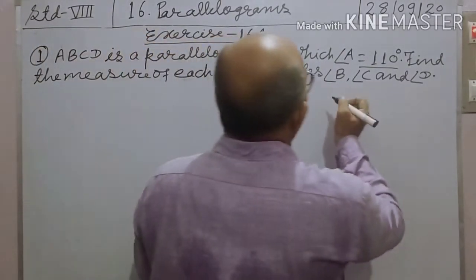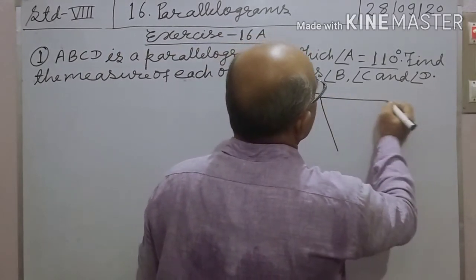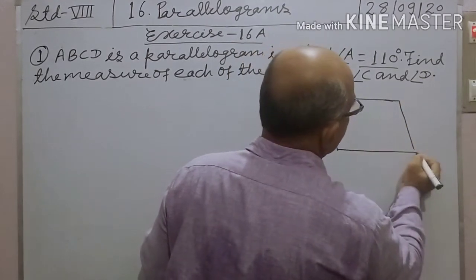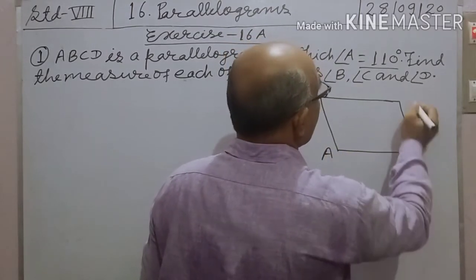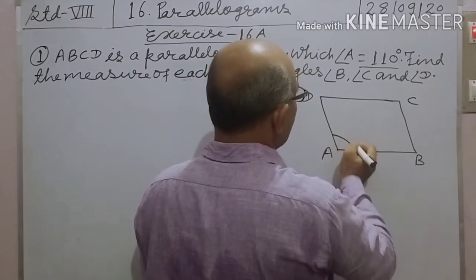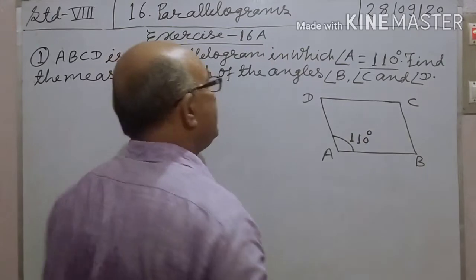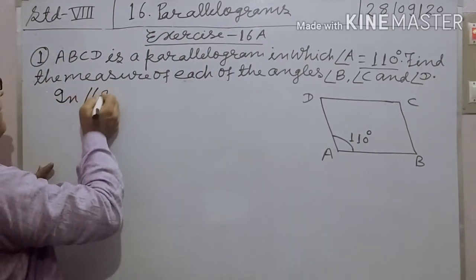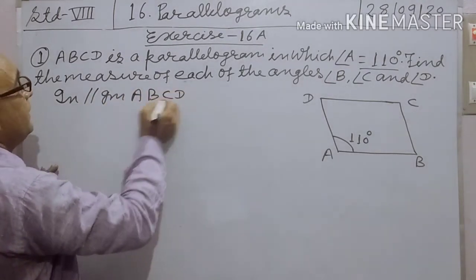First of all, I draw a figure of parallelogram ABCD. Angle A equals 110 degrees. Right?